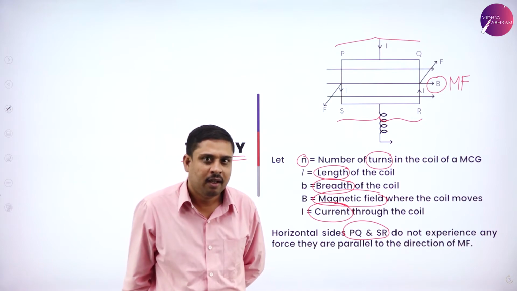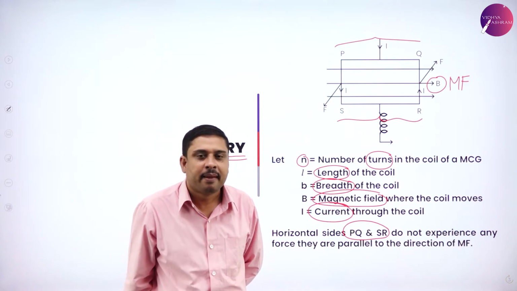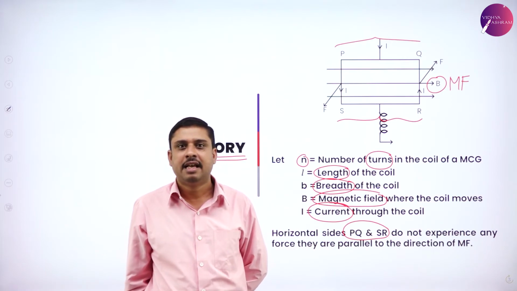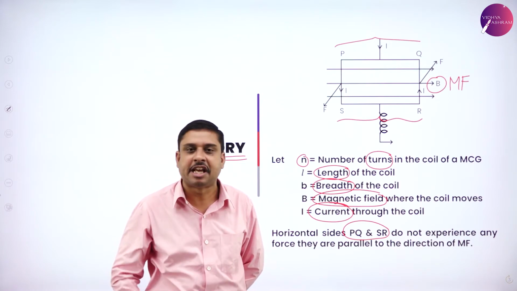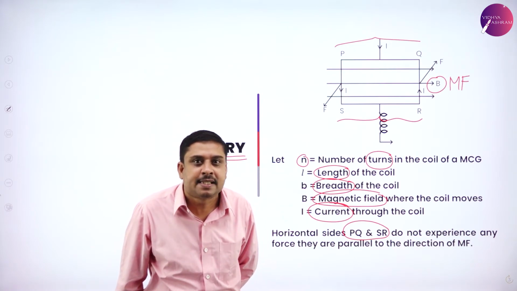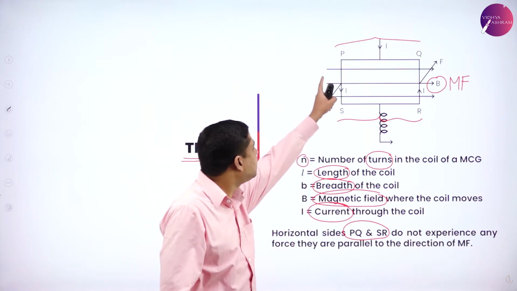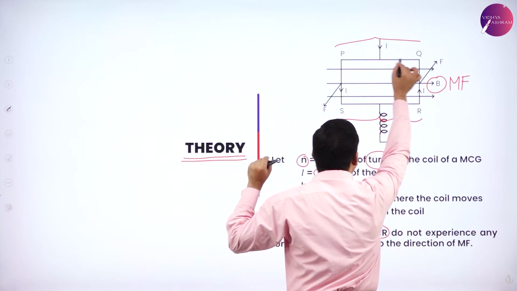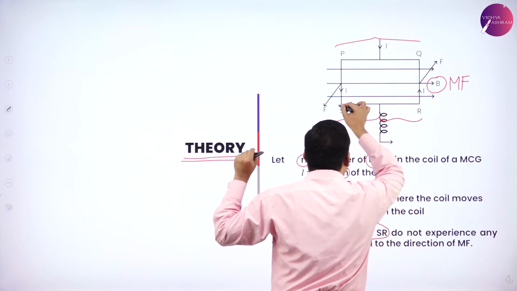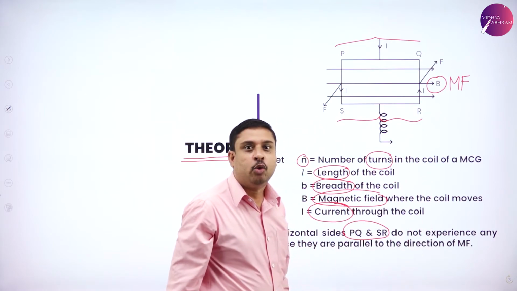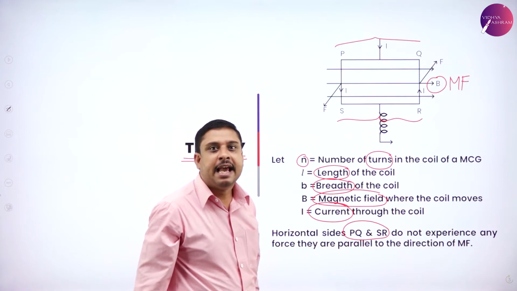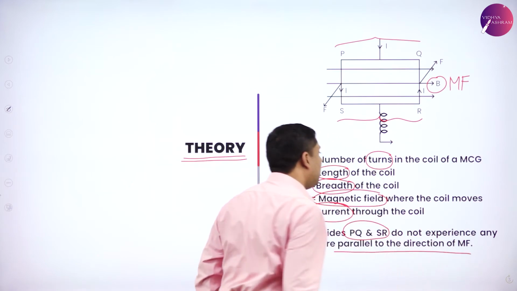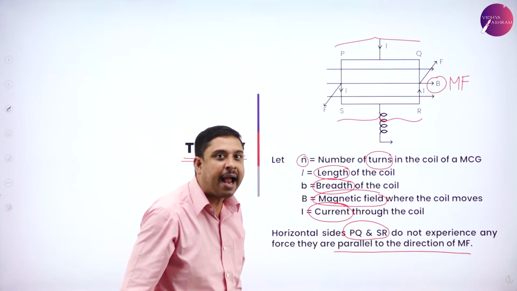I had told you that the moment a current carrying conductor is placed in a magnetic field, it has to experience some force. But now I say these horizontal sides PQ and SR do not experience any force because they are parallel to the direction of the magnetic field.